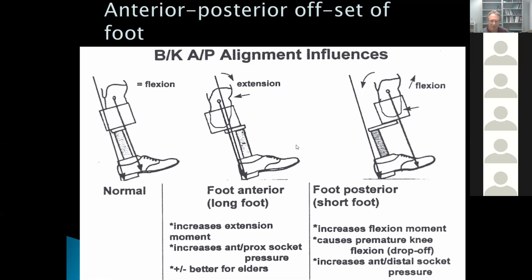Because the ground reaction force is coming up from the forefoot for way longer and with a way longer moment arm than it is for the normal situation.